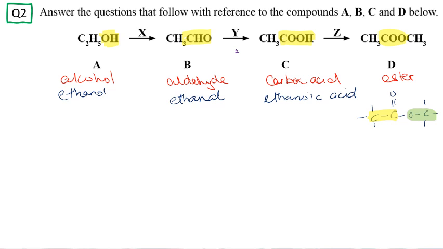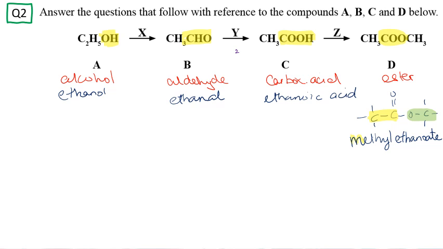So looking at that and my rules for naming esters, I would name this as methyl ethanoate. Taking the parent alcohol and changing the name to be named as a side branch, so methyl, and changing the ending of the parent carboxylic acid to -oate, methyl ethanoate.